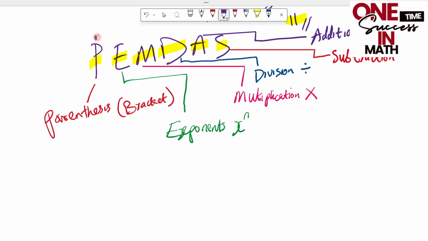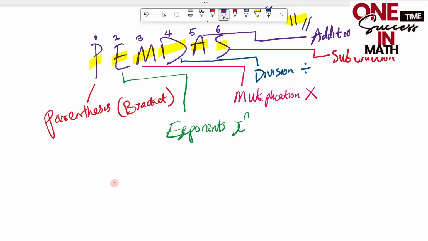If we have a question that contains brackets or parentheses, we do that first. Next, we look for, does it have an exponent? That should be the second thing we do. The third thing, does it have a multiplication sign? We do that as the third thing. And the fourth, we divide. After division, is there a case to add? We add. That's the fifth step. And finally, we subtract. Note this. It is very important.